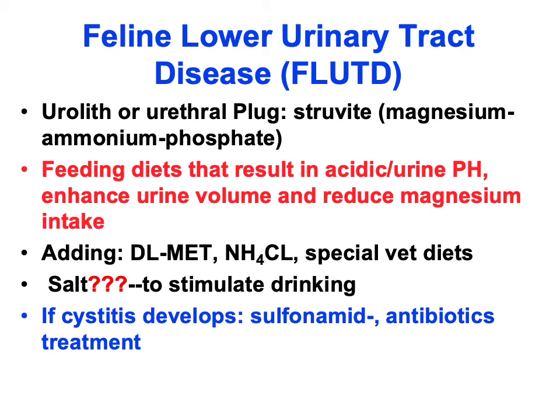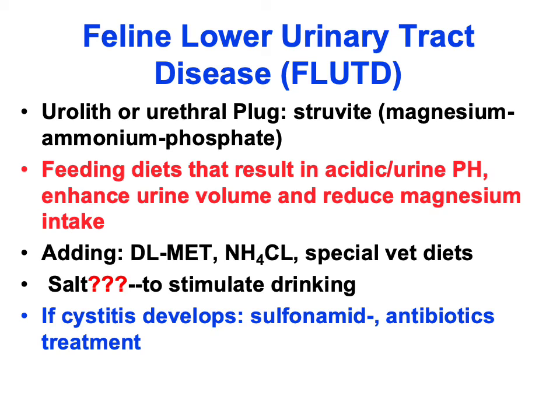Therefore, if we feed diets which result in acidic urine pH, and if we enhance the urine volume, and if we reduce the magnesium intake, this triple effect will prevent the struvite crystals.